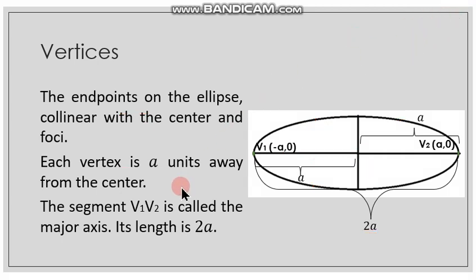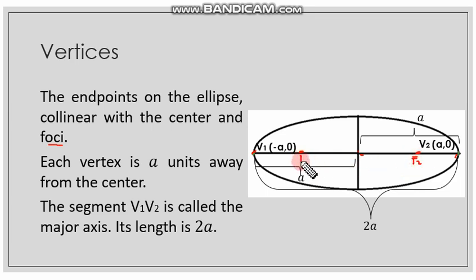Next are the vertices. Unlike the parabola, which has only one vertex, in the ellipse we have two vertices. These are the endpoints of the ellipse and are collinear with the center and the foci. So let's say the foci are somewhere here.